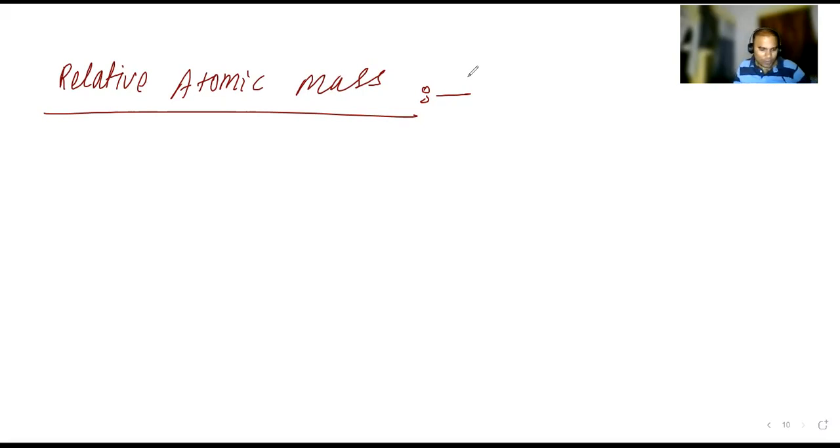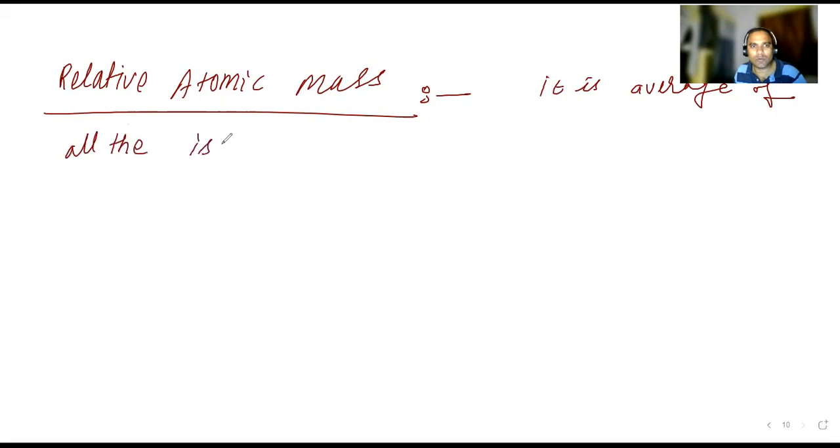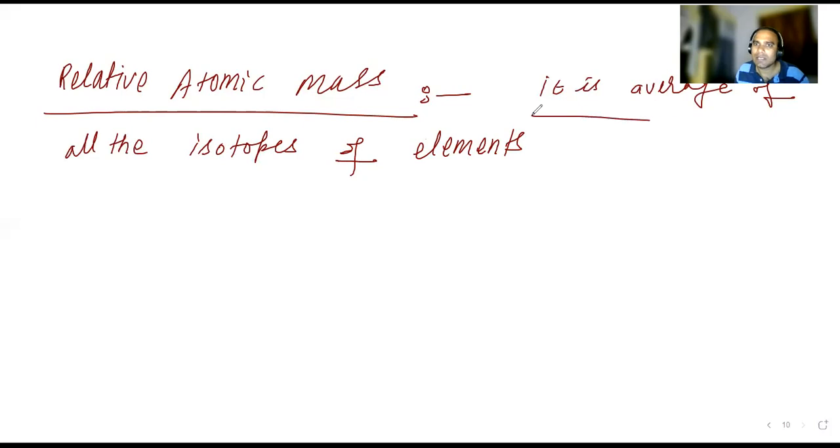So if you talk about the relative atomic mass, they are saying it is the average of all the isotopes of an element.